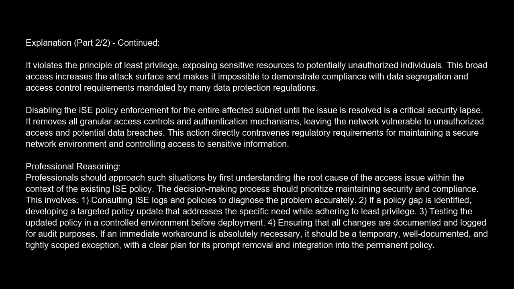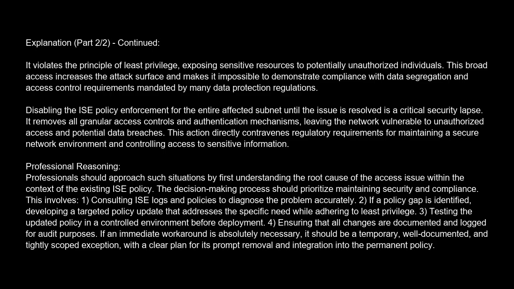Professional reasoning. Professionals should approach such situations by first understanding the root cause of the access issue within the context of the existing ISE policy. The decision-making process should prioritize maintaining security and compliance. This involves: 1. Consulting ISE logs and policies to diagnose the problem accurately. 2.